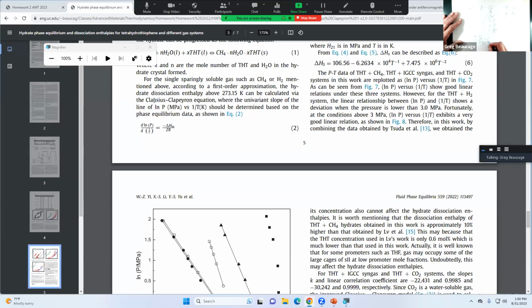This is binary attractive interactions that allow you to have a liquid state. This is excluded volume, which reduces the volume and increases the pressure. This decreases the pressure.